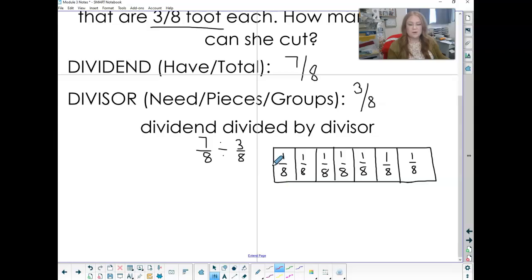And then they're going to cut them into 3/8 pieces. Here's a group of 3/8. Here's a group of 3/8, and then I don't have enough to do the rest of it. So she can cut 2 pieces, which is my quotient, and my remainder is that she has 1/8 of a piece of the ribbon left over.